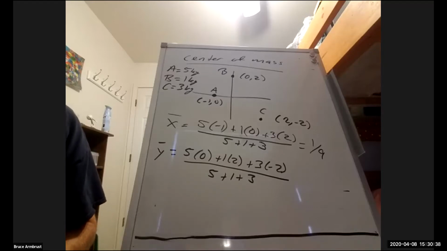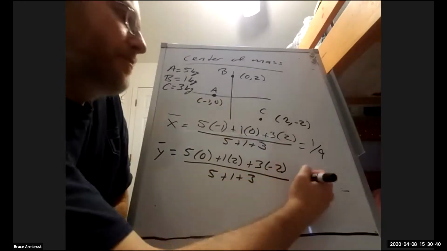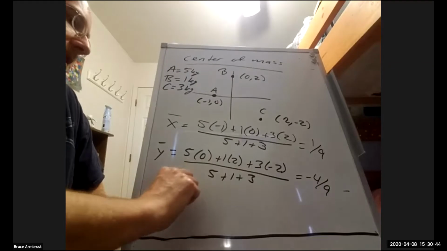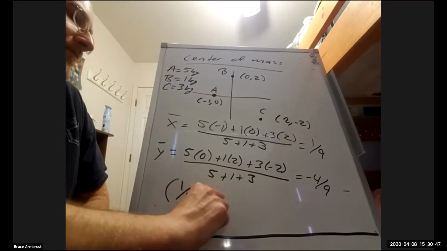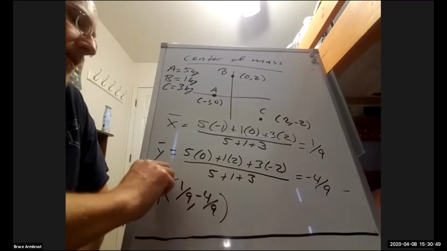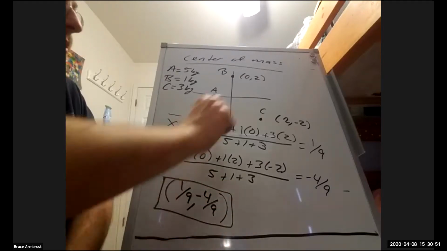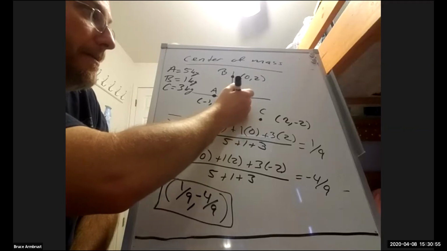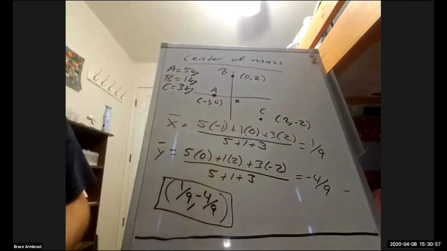So this gives us -4/9. So our center of mass is located at (1/9, -4/9), which would be on our graph somewhere right around here, plus or minus.